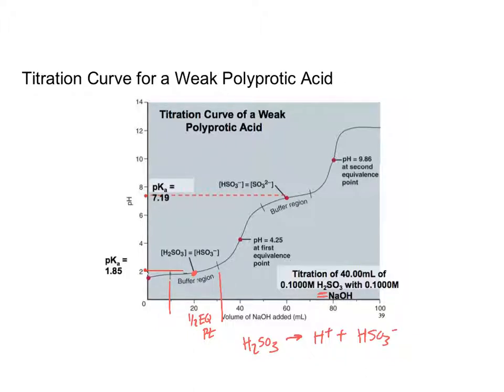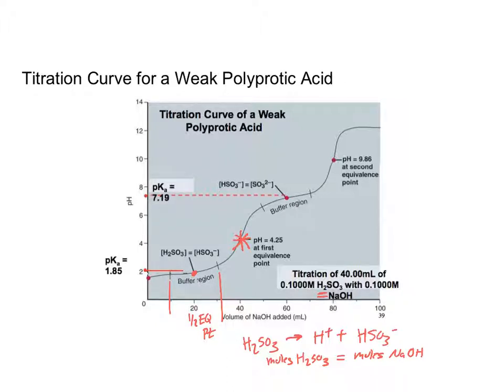And we get to the first equivalence point, right here. I'm telling you that the pH is 4.25, but at that point, moles of H2SO3 would equal moles of NaOH.